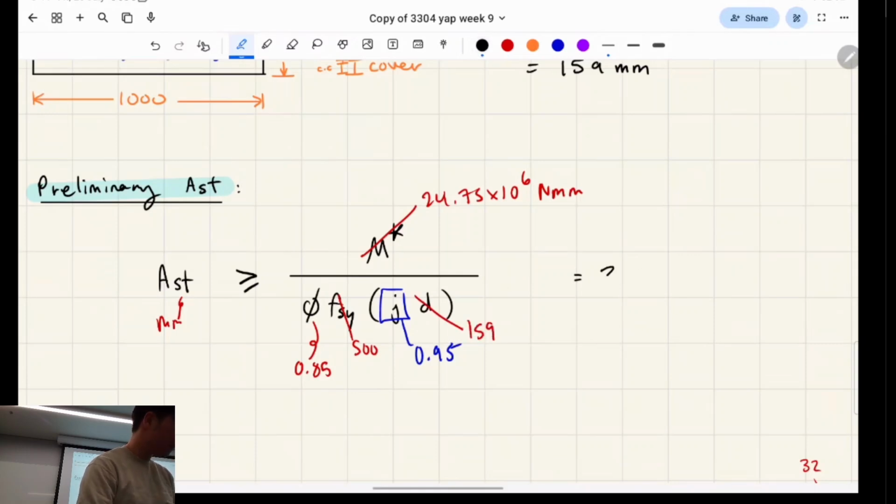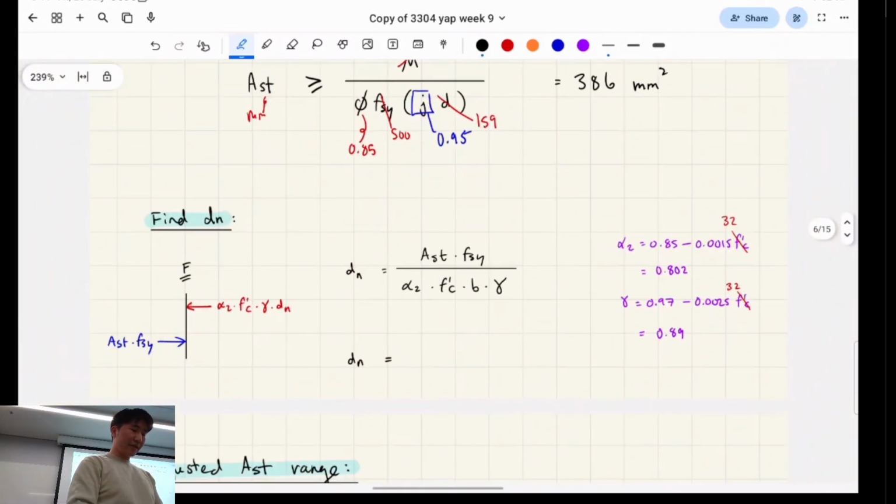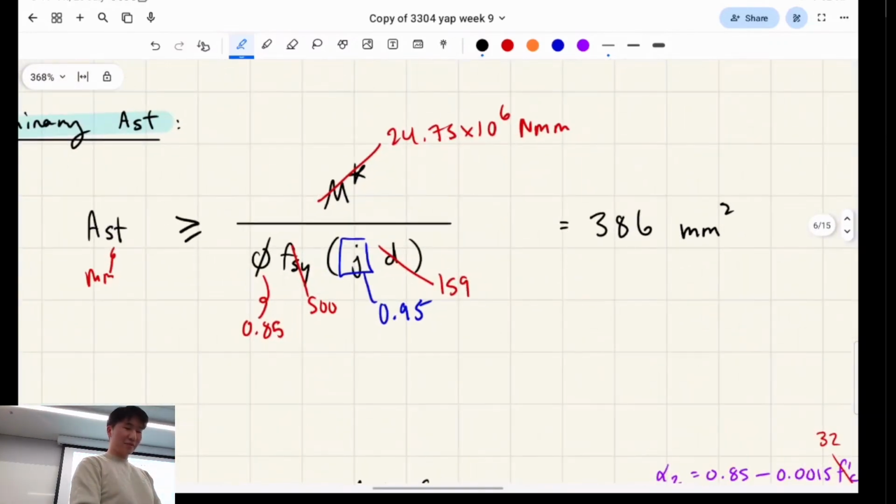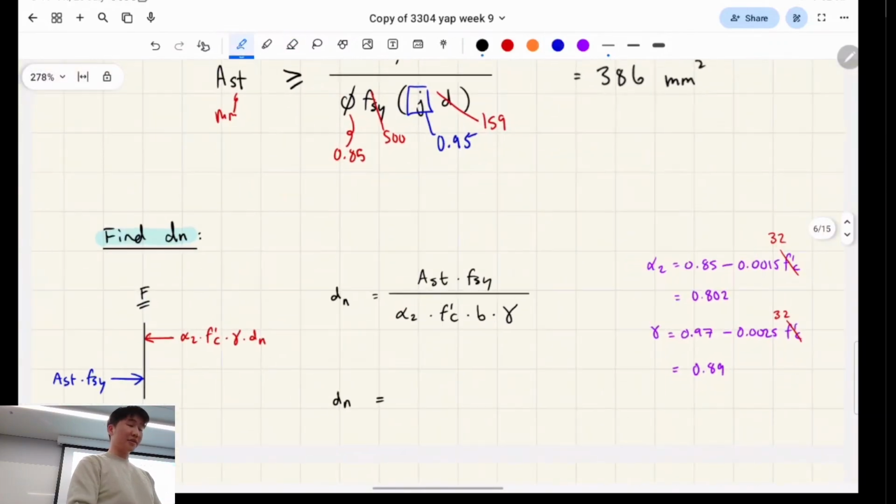So basically our steel has to be greater than 386. This is just a preliminary size range. The reason we need this preliminary size is that we use this number to find the depth to the neutral axis. So we want a ballpark number for that. So here's where we plug this in.